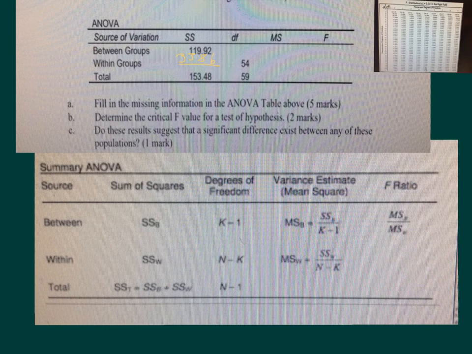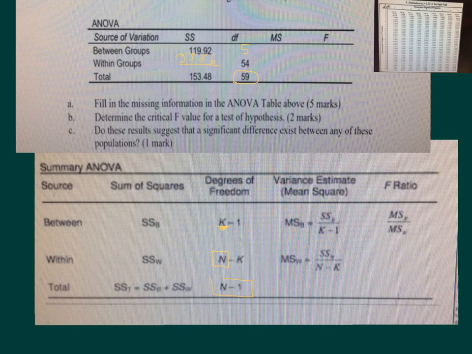The same thing with the degrees of freedom. This 59 here is n minus 1 for the whole sample that you're working with here. And so your degrees of freedom need to add up there also. The reason is that here's n, your total sample size, and you're minusing k, the value that we used up here.